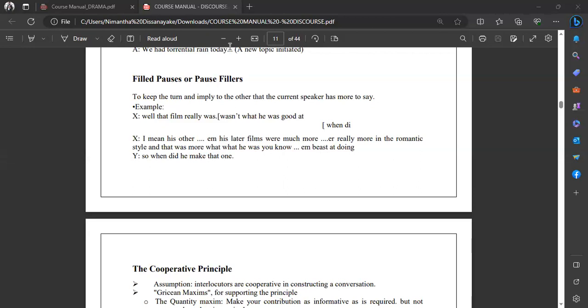Where can you find the pauses, filled pauses? Can you find it in this X and Y dialogue? Well, okay.